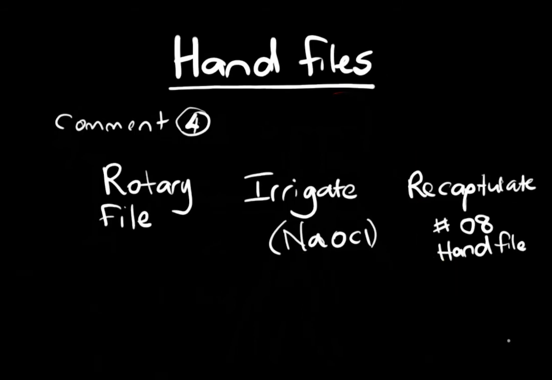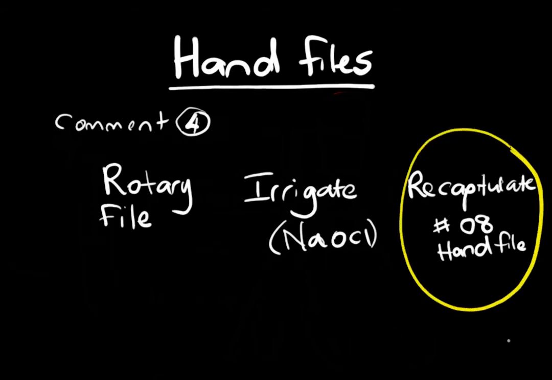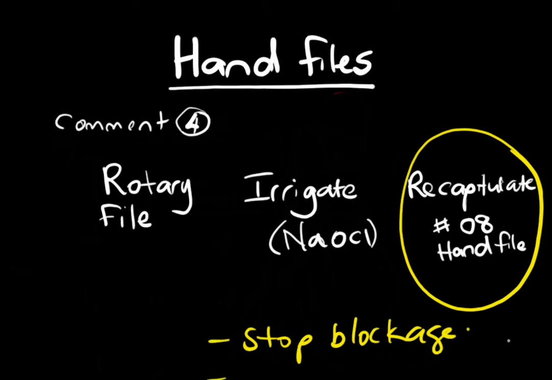One other comment I should have made previously is the reason why dentists should recapitulate is simply it helps stop blockage of the canal, and also it helps mix up all of the dentin debris that you're cutting off, that is being generated.